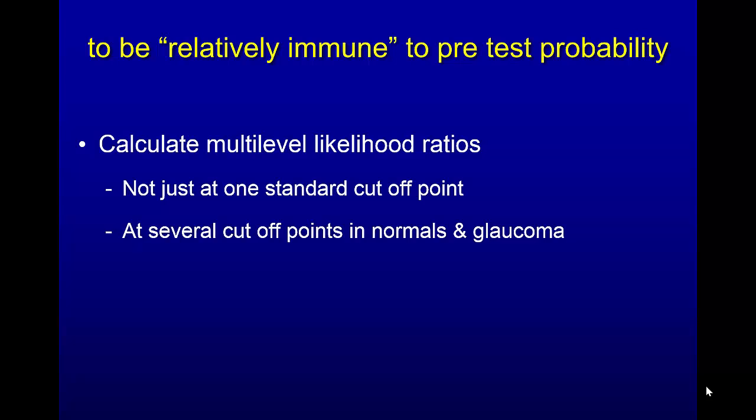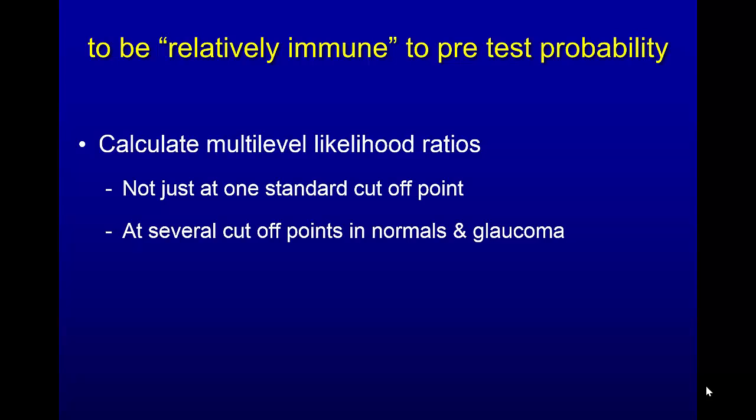Sensitivities and specificities are subject to pretest probabilities. To be relatively immune to that, you can calculate what are called multi-level likelihood ratios, not just at one standard cutoff point which the company or the paper gives you, saying sensitivity this, specificity that.